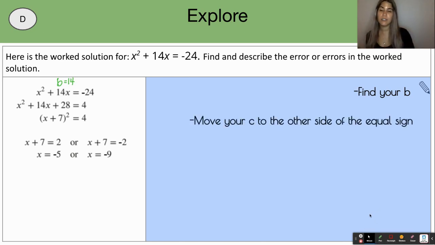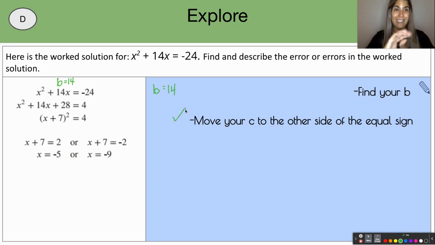Then move your c to the other side. Well, that is already done for us. They had already the -24. They already had the c on the other side. So my b was 14. That's not wrong. That's correct. And move your c was given to us. Then let's see what the next step is.